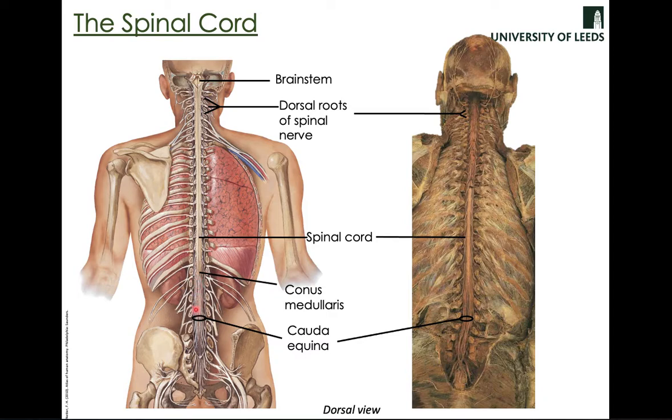Those long collections of nerves that keep leaving the cord are called the cauda equina. The reason they are called cauda equina is because they resemble a horse's tail. Cauda means tail, equina means horse.